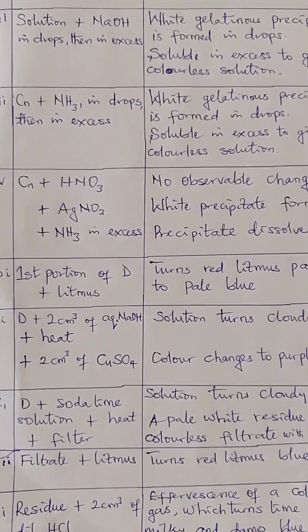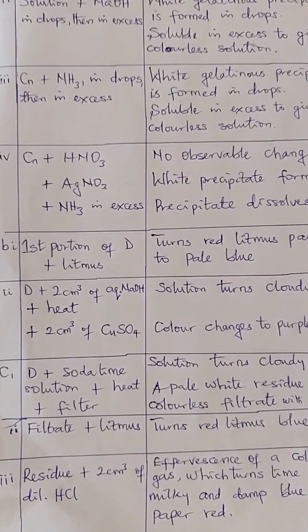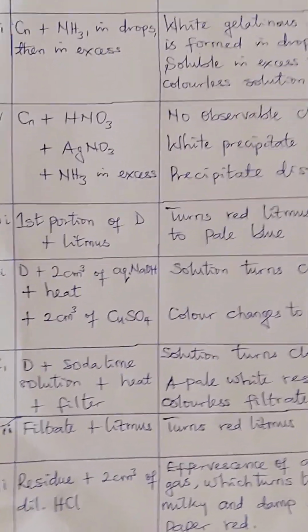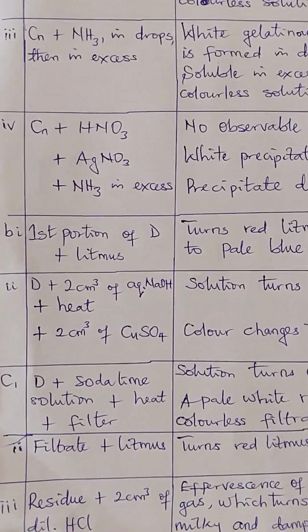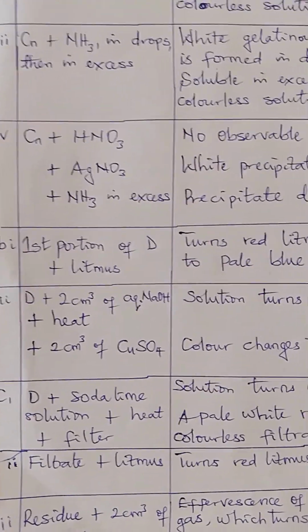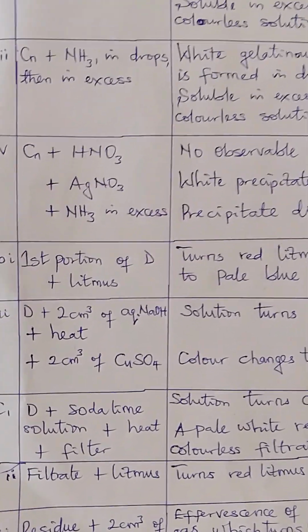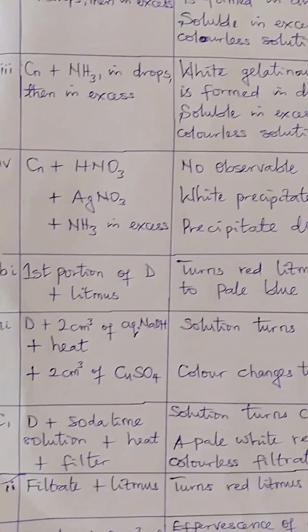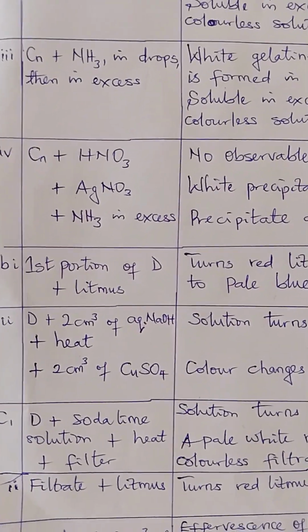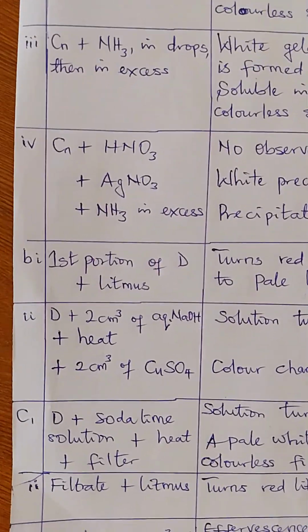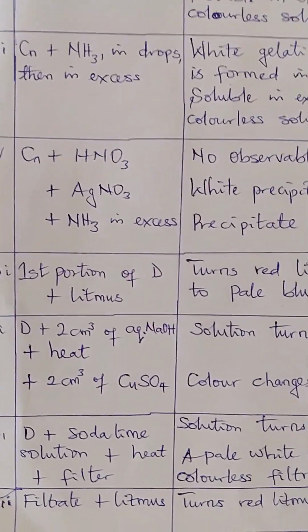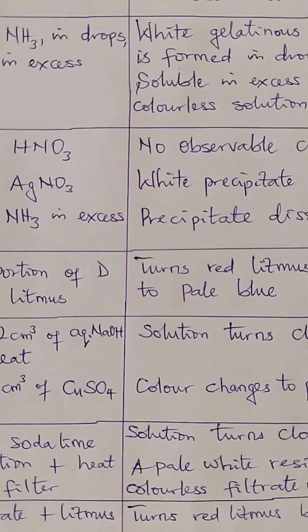Then we go to the other one, which we believe should be powdered milk. You may be asked to mix it in water, divide it into portions, and add litmus paper. So the first portion of it, after you have mixed it with water, that is your first portion of sample D. Add litmus paper to it.